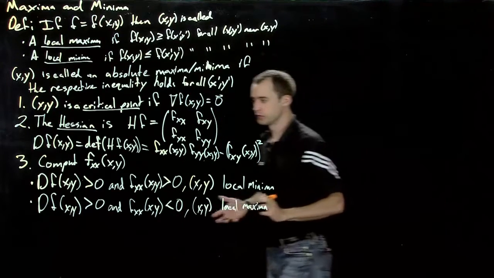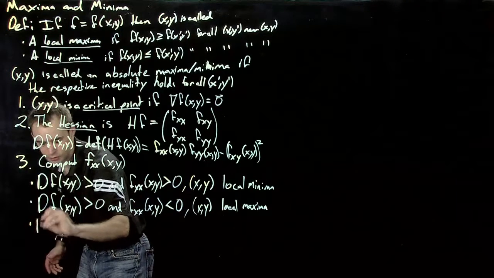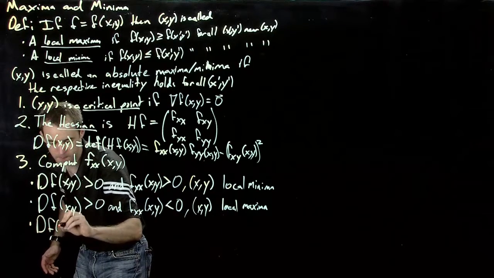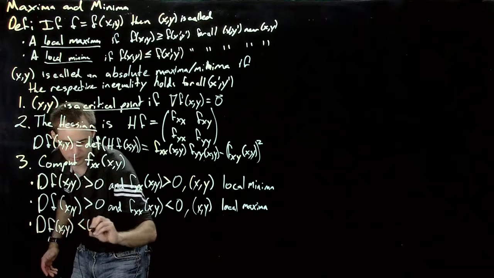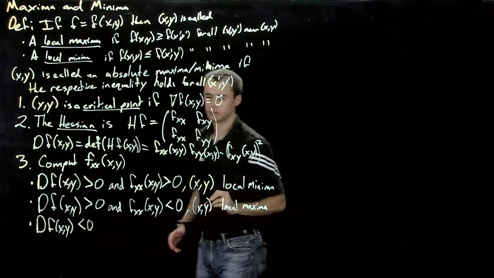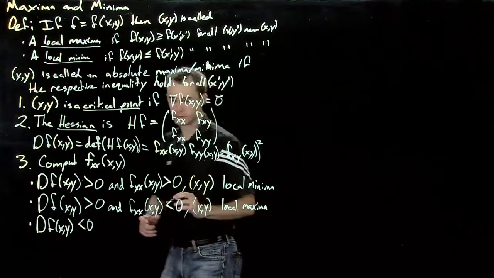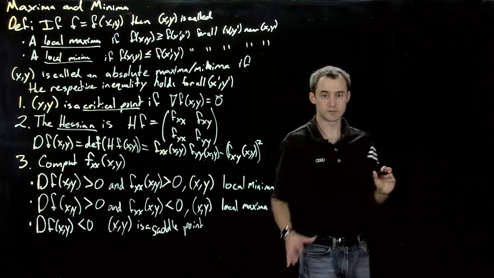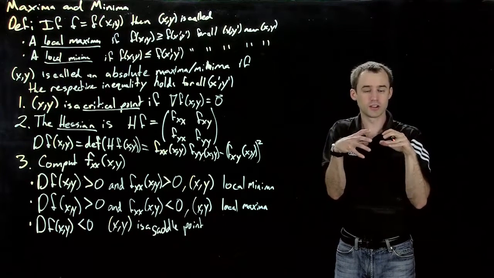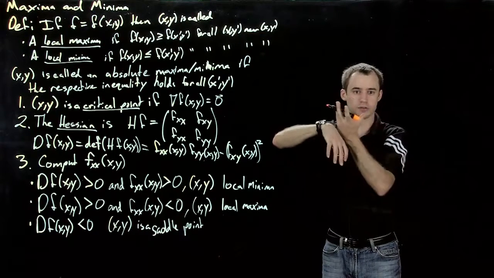Now, what if the determinant of the Hessian is less than 0? Well, this means that this is a saddle point. At a very, very small level, it looks kind of like a horse's saddle, where part of it goes up, part of it goes down.